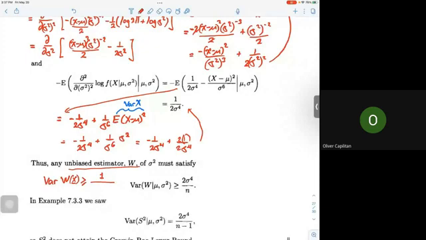The one below, this part. So that's equal to 1.